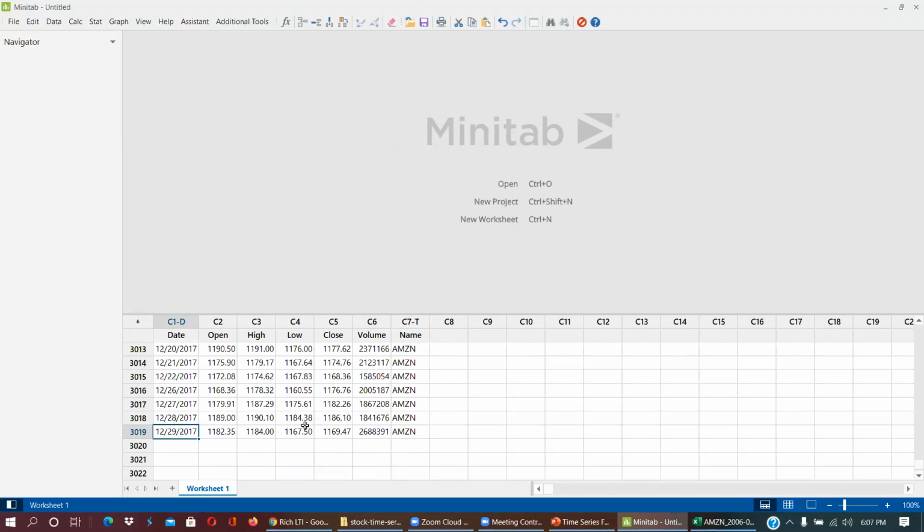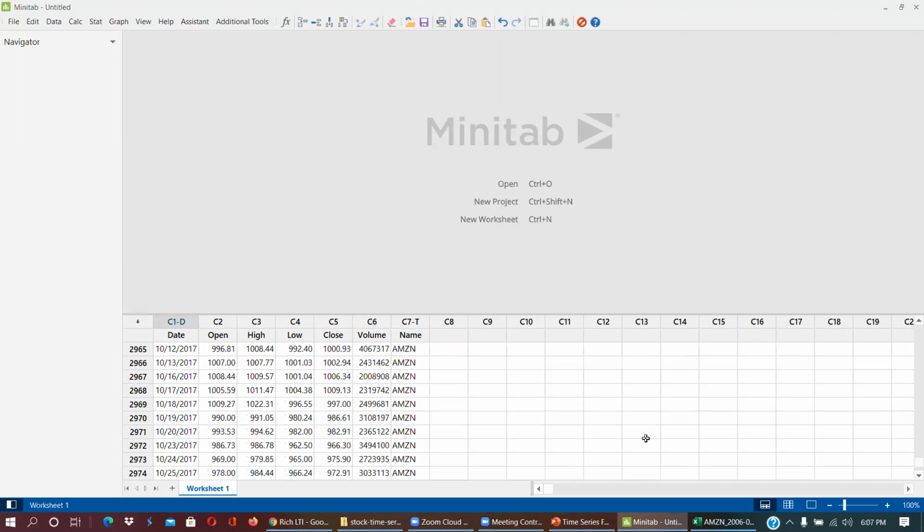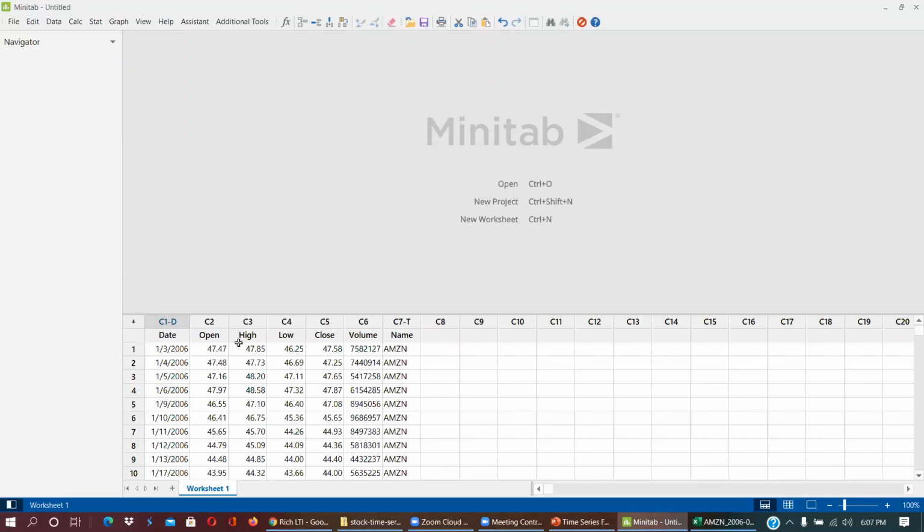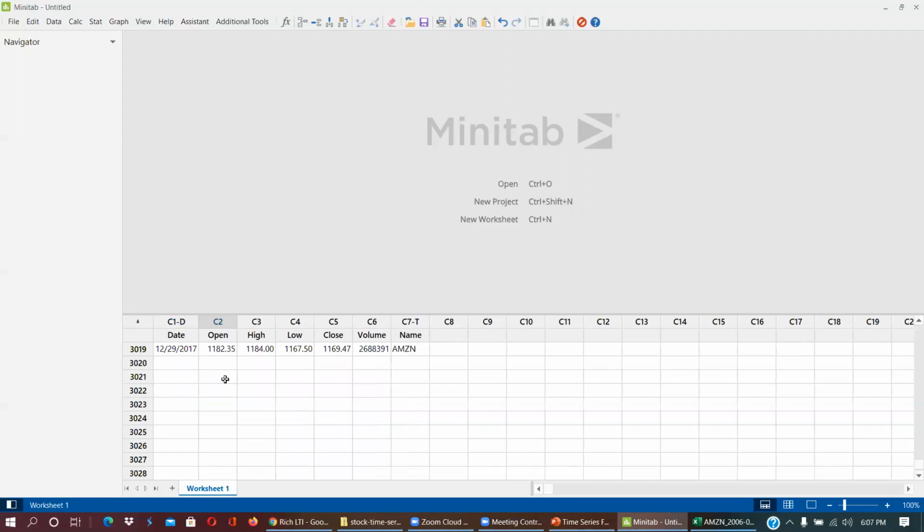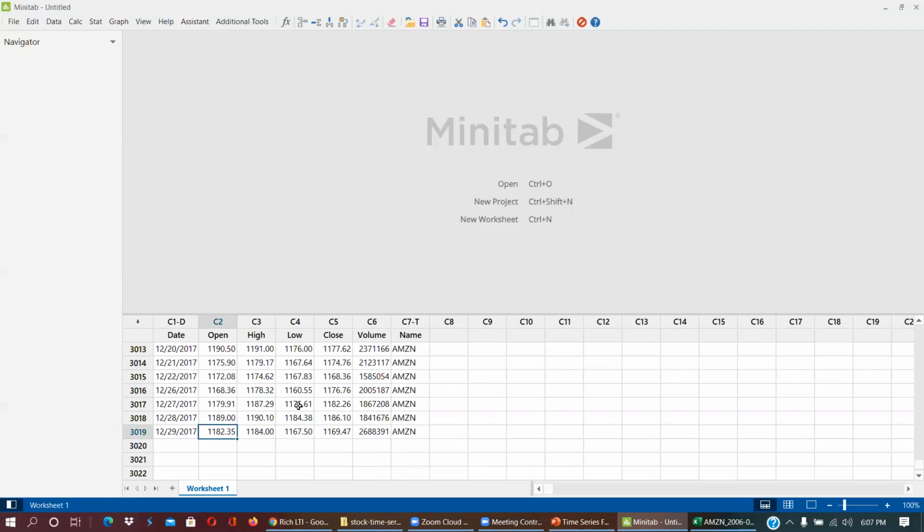So basically we have almost 12 years of data of Amazon.com: how it started, at what price it was started, $47 open, and in December 2017 it has a stock price of $1182.